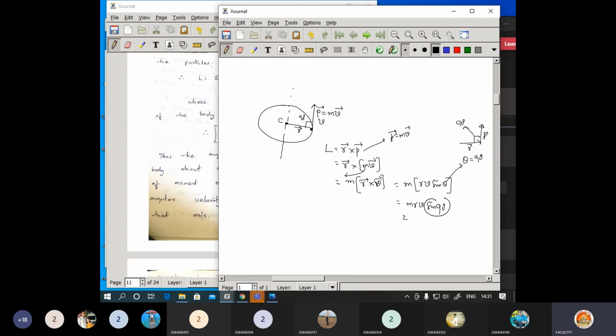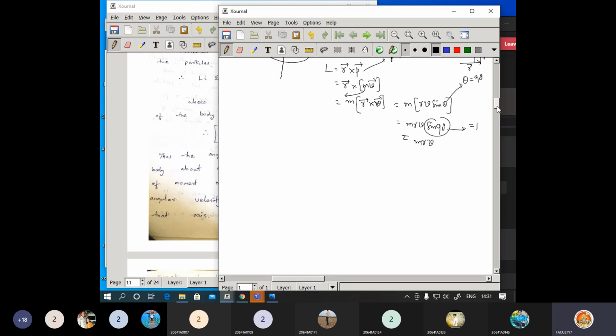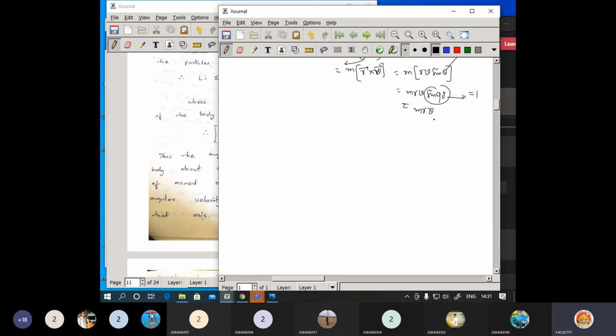This value is equal to 1. So what you will write is m r v. Thereafter, we had substituted v equals r omega. You can go with the substitution. You will write m r into r omega, so you'll get this as m r square omega.